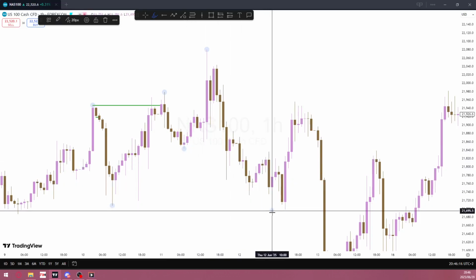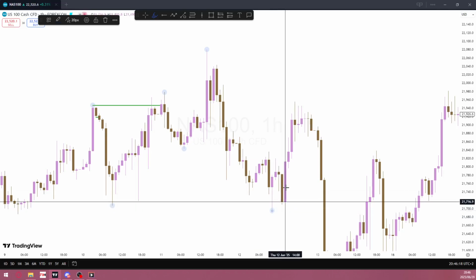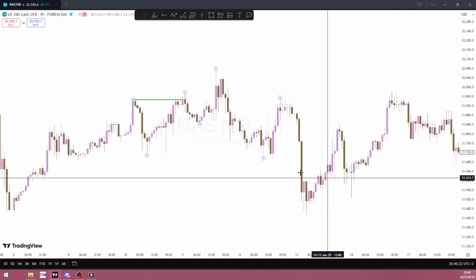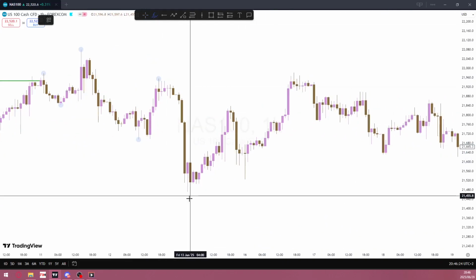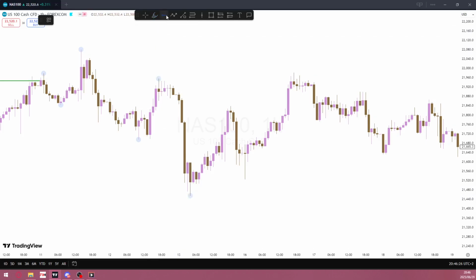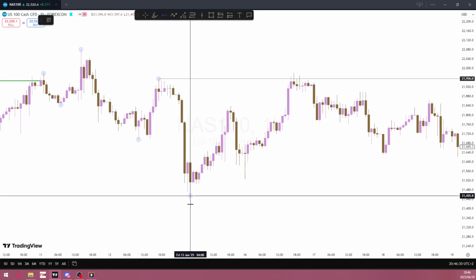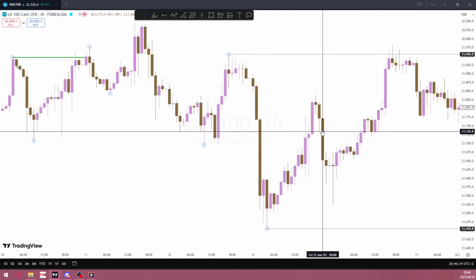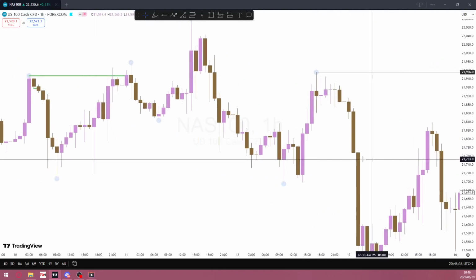We get that low there, then we get that high there, followed then by that low there, and now we have a high and we have a low. To show you what a bearish pullback rule looks like, it looks exactly like this.